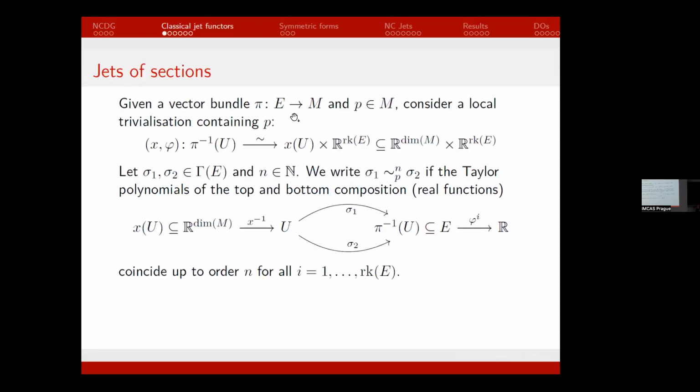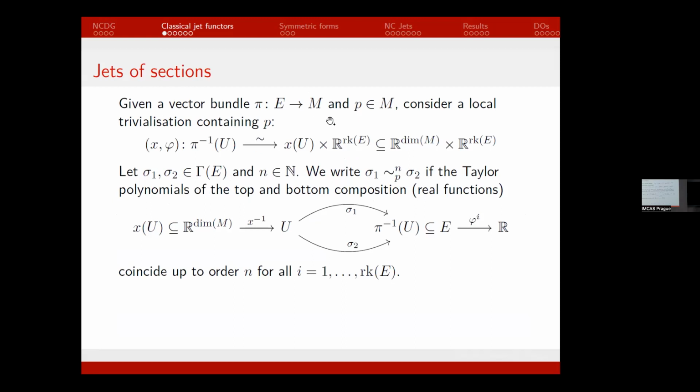And now let's move to differential geometry. So I will now describe the object that we want to generalize, which is the jet bundles. Let's start with a vector bundle over a manifold, and let's consider a point on the manifold. Since every vector bundle is locally trivial, we can find the so-called trivialization, that is a map of this form.